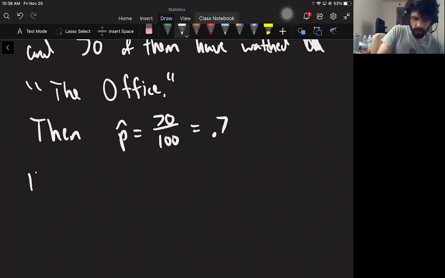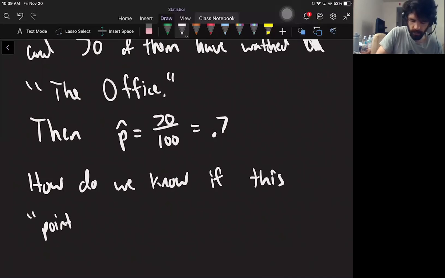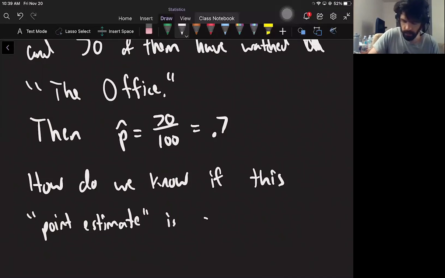So then the question is, how do we know if this, I'm going to call it the fancy word that the stats people use, this is called a point estimate. How do we know if this point estimate is a good or bad estimate?